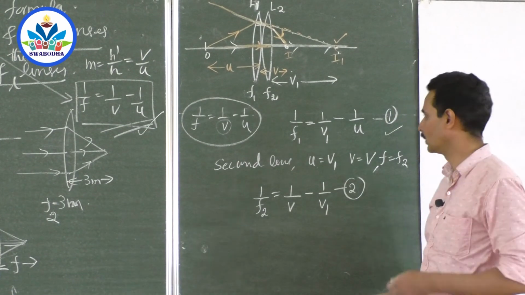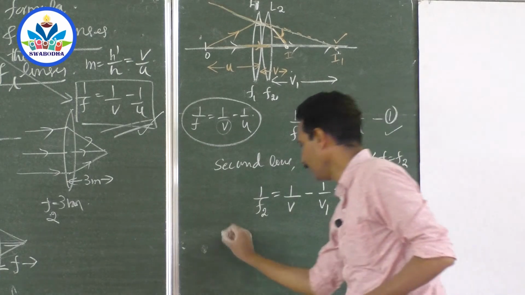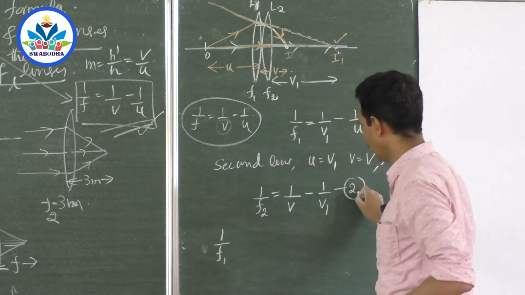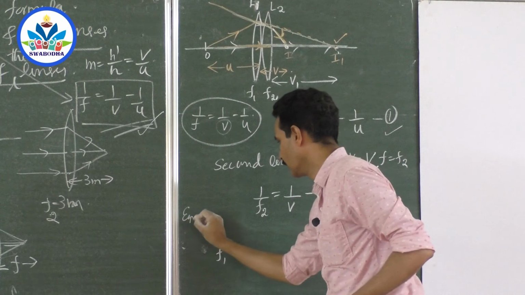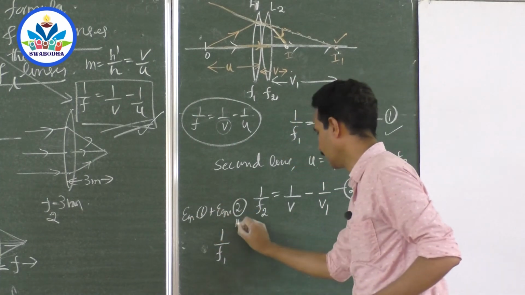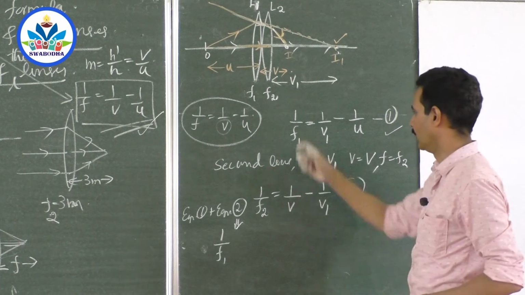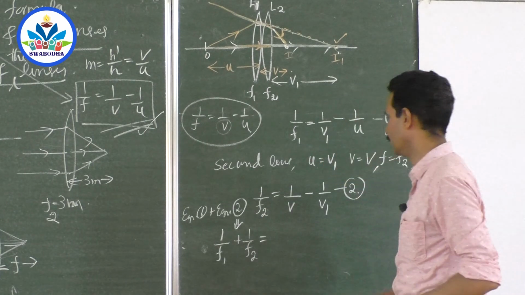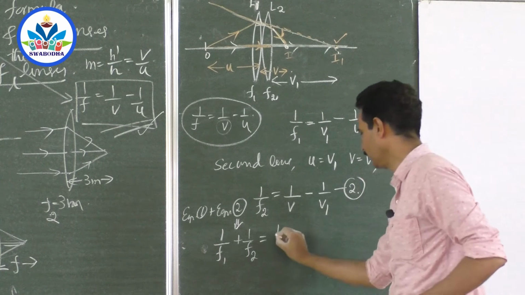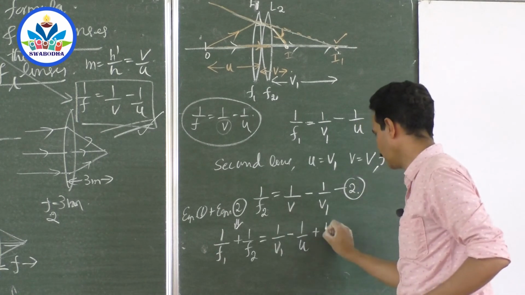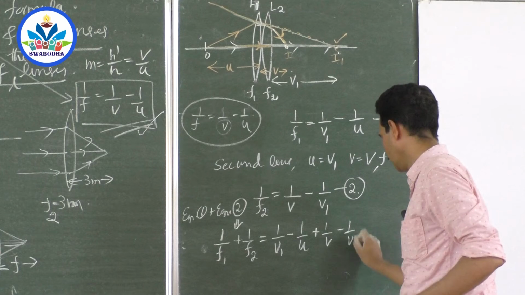Combine them. When you combine them, what happens? On the left-hand side I will add equations 1 and 2. Equation 1 plus equation 2 gives 1 by f1 plus 1 by f2, and on the right-hand side, 1 by v1 minus 1 by u plus 1 by v minus 1 by v1.